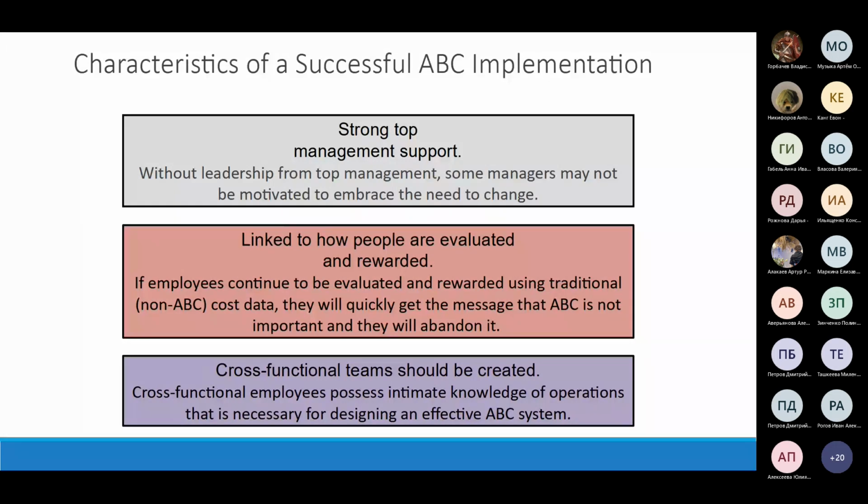So it should be linked to how people are evaluated and rewarded. Each person should be informed about their role in this process, and the reward of each person should be related to the successful implementation of ABC costing.